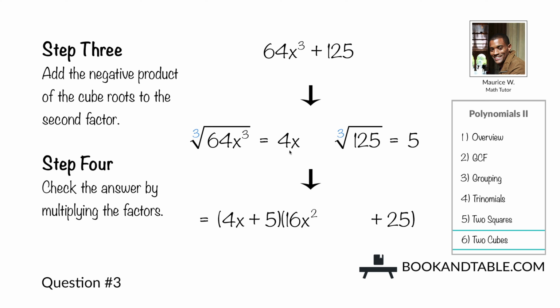The cube roots are 4x times 5, so the product would be 20x. The negative product would then be negative 20x. So when we factor 64x cubed plus 125, we wind up with 4x plus 5 times 16x squared minus 20x plus 25.